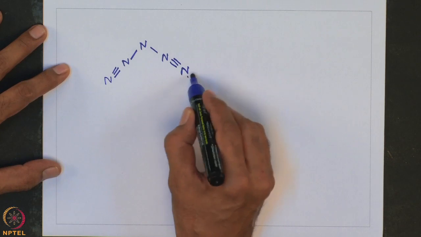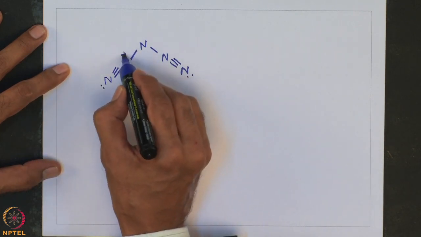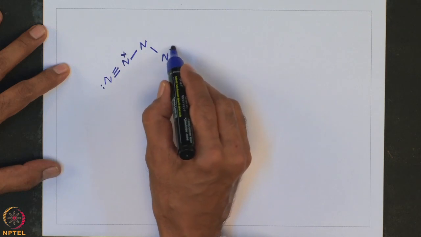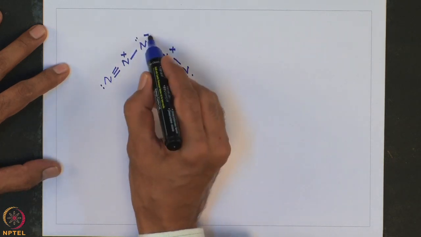Here the lone pairs are intact, positive charge is here and here, and negative charge here. Here we have two lone pairs.